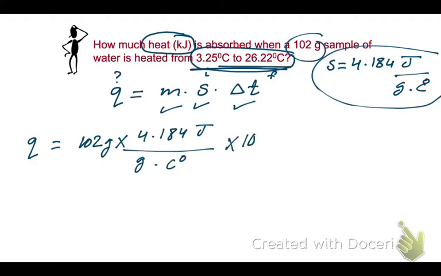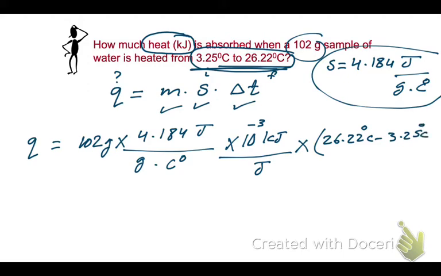They do want this though to be in kilojoule, so you can say that there is 10 to the negative 3 kilojoule for every 1 joule, and then you multiply that by delta T, and delta T here is 26.22 degrees Celsius minus 3.25 degrees Celsius.